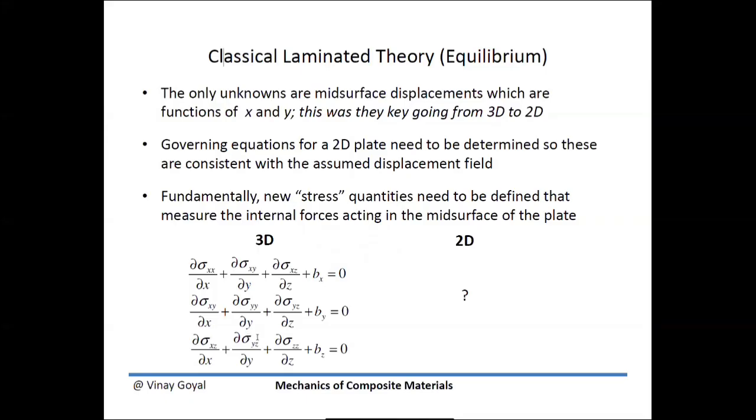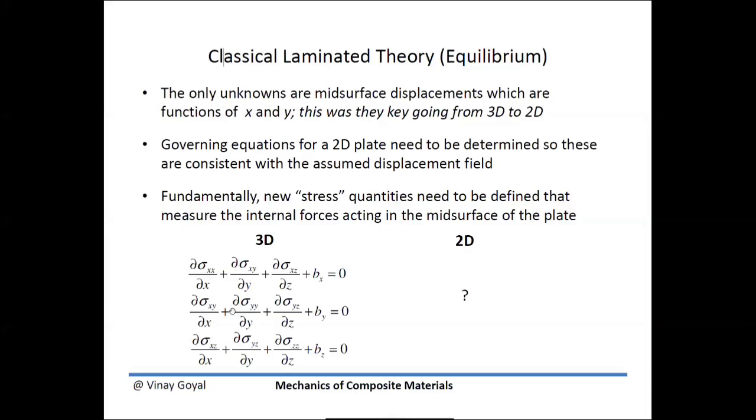In reality, we need to find a way of getting these governing equations so they're consistent with the assumptions we already made. And so we need to come up with new stress quantities that really represent the behavior for the mid surface of that plate, able to measure those internal forces.